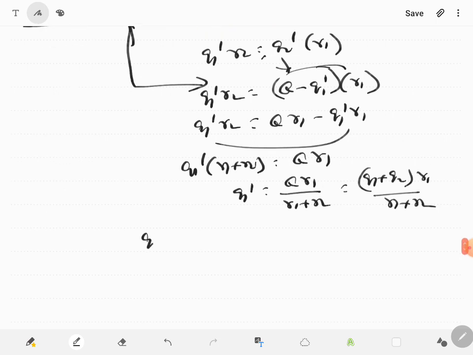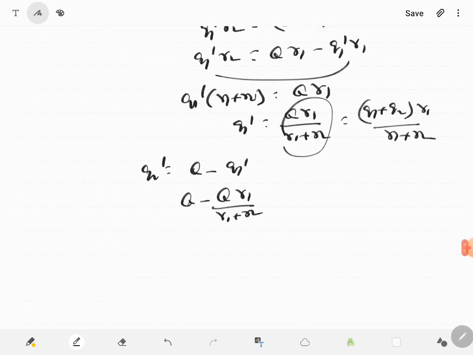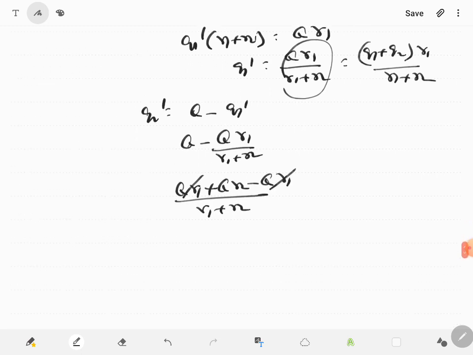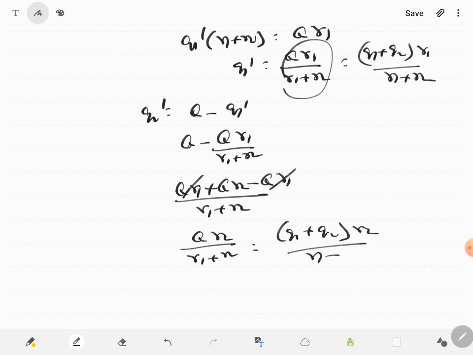Now they're asking for q2 dash. q2 dash is capital Q minus q1 dash. Capital Q is the total charge, minus q1 dash we just found out. Let's substitute Q r1 by r1 plus r2. And when you substitute that and take the LCM, you get Q r1 plus Q r2 minus Q r1 over r1 plus r2. Q r1 gets cancelled. Thus you're getting Q r2 by r1 plus r2, where Q itself is q1 plus q2, which is initial, into r2 by r1 plus r2.